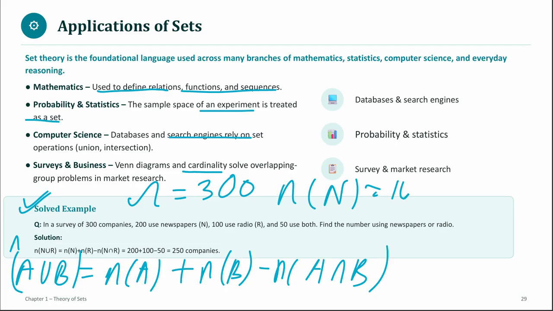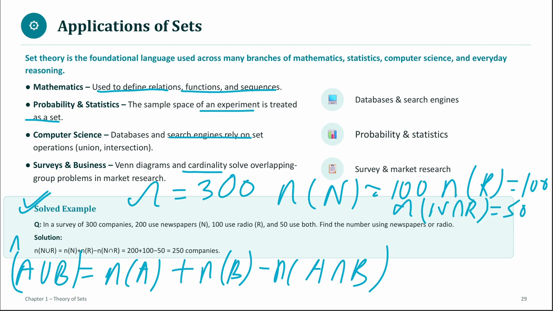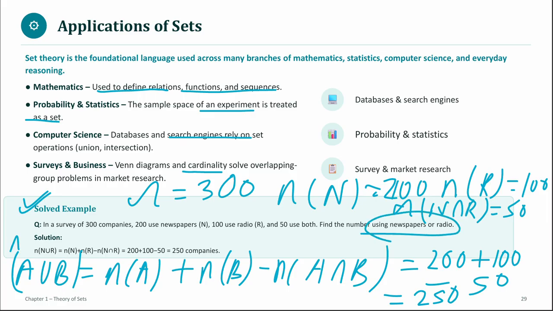This was 200, this was 100, and n of N intersection R was 50. So 200 plus 100 minus 50. So this is going to be 250. So 250 companies use newspapers or radios.